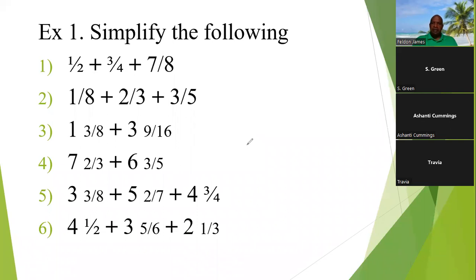All right, in the meantime, Trivia, we say that we need to find the lowest common multiple. And in this case, what is the lowest common multiple? 8, sir. And why is 8 the lowest common multiple again?